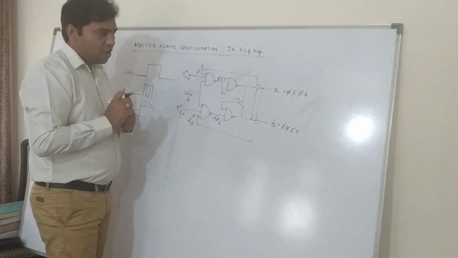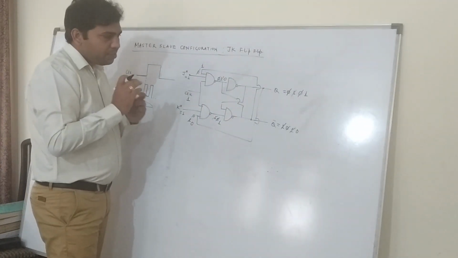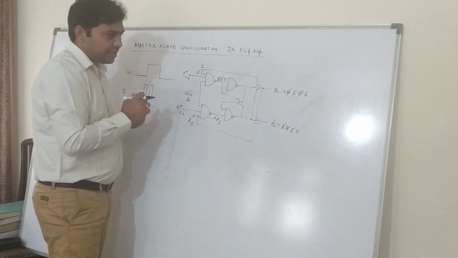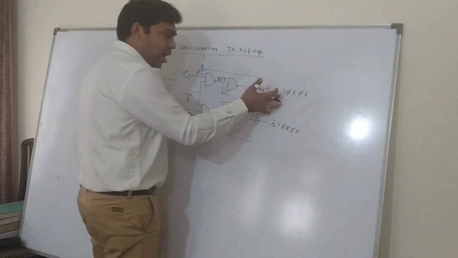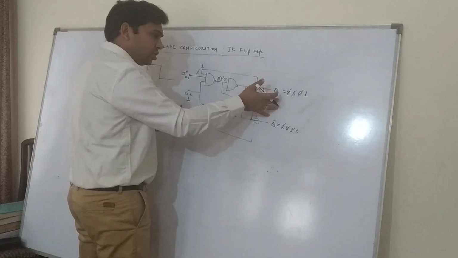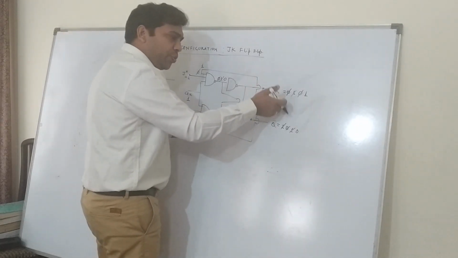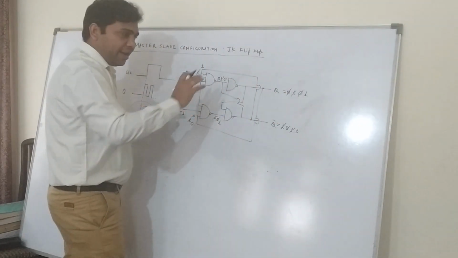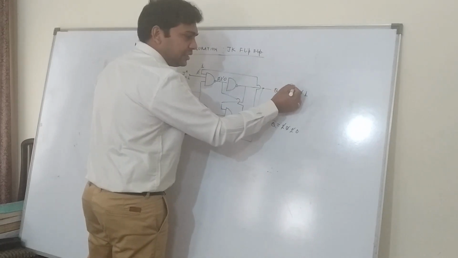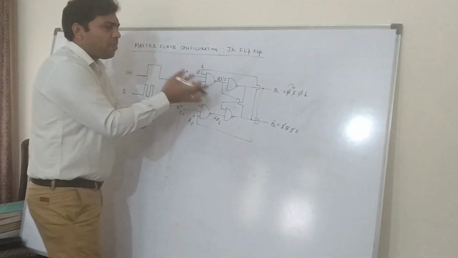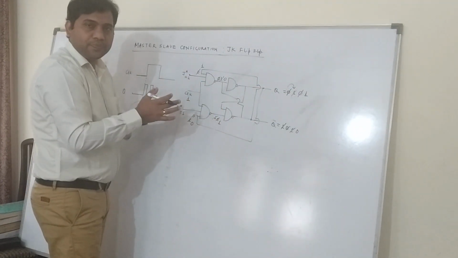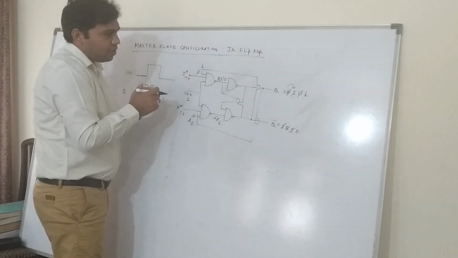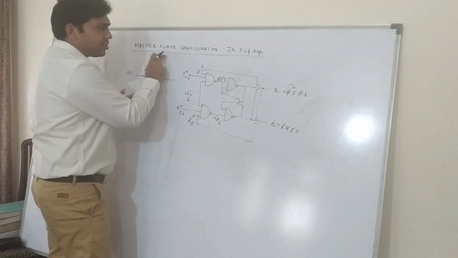So somehow we need to restrict the circuit in such a way that the output gets changed only once, and after the output changes only once, the processing should stop somehow. Okay, so one method of doing this is a master-slave configuration.